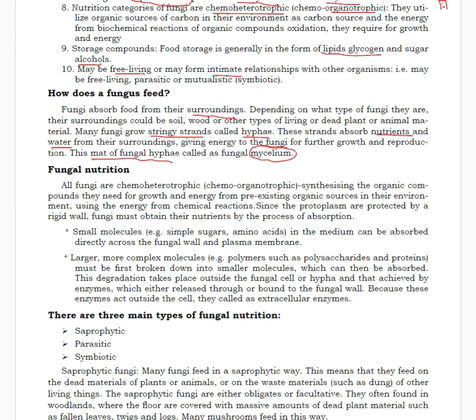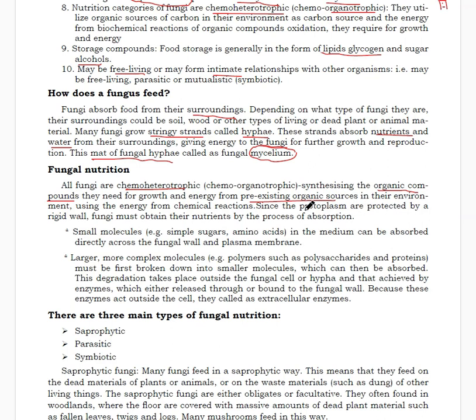Fungi grow as stringy strands called hyphae. Many hyphae grow together and form a network known as mycelium. Their nutrition is chemoheterotrophic, which is chemoorganotrophic, that is synthesizing the organic compounds they need for growth and energy from pre-existing sources, using chemical reactions.